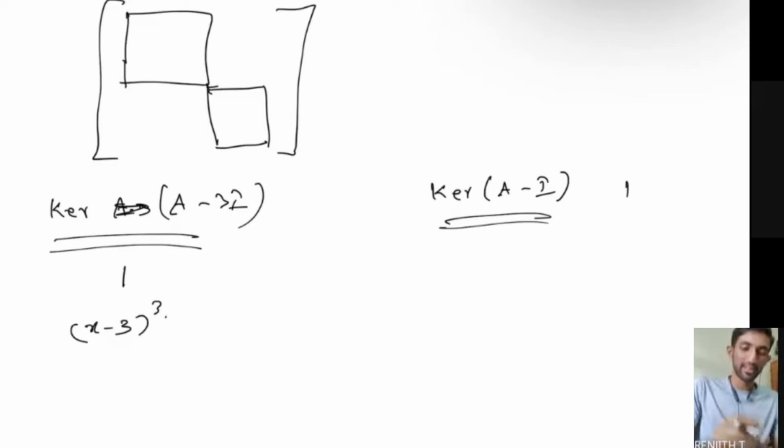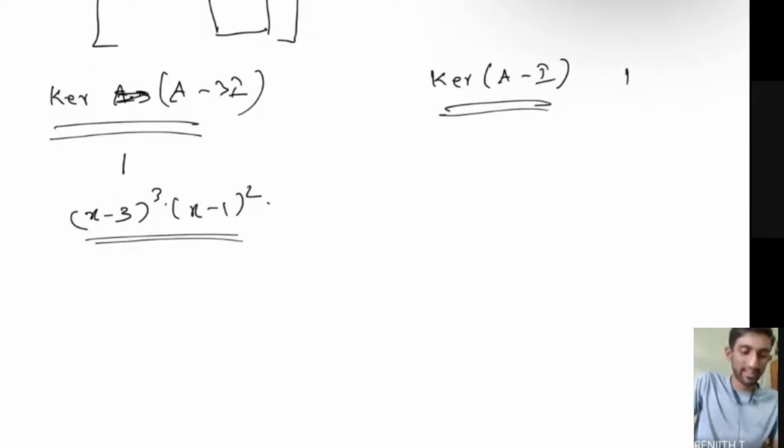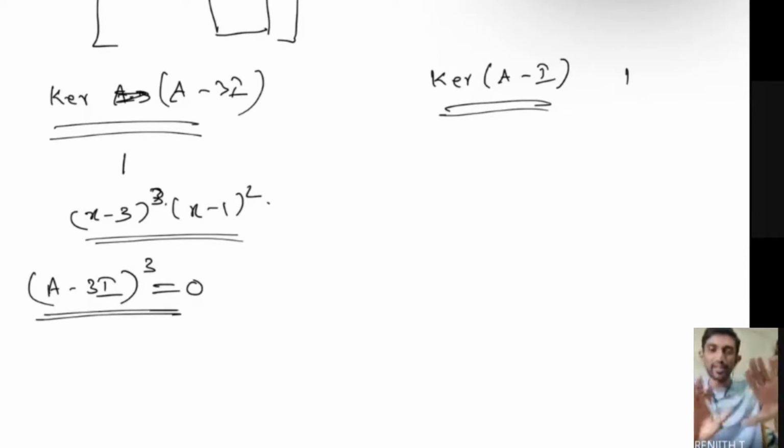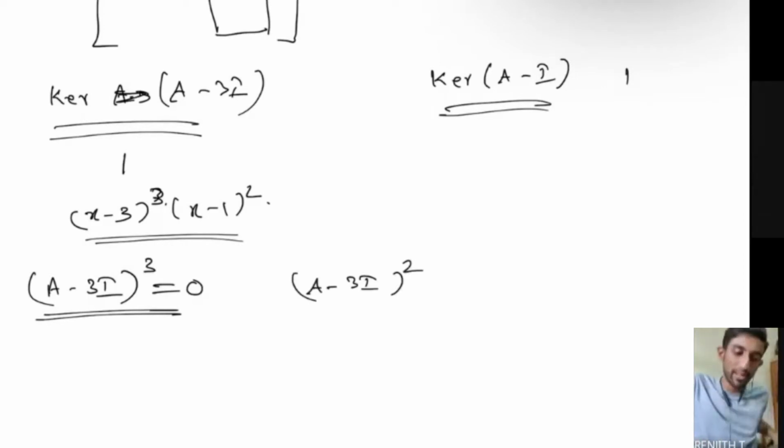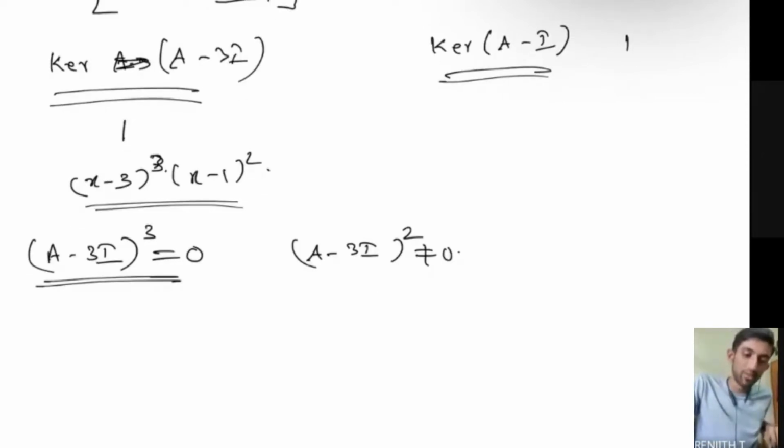Here the minimal polynomial is itself (x minus 3) whole cube into (x minus 1) whole square. That means (A minus 3I) whole cube will be 0 in the top part. Now we are dealing with the matrix in two different parts, the upper part and the lower part. In the upper part, (A minus 3I) whole cube is 0 and (A minus 3I) whole square is not equal to 0.